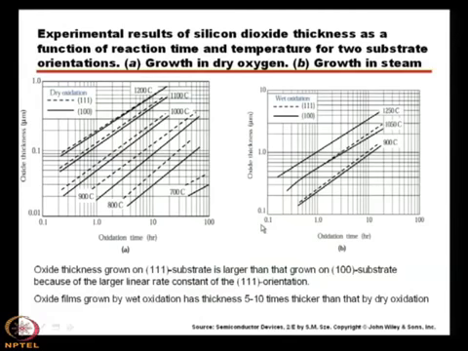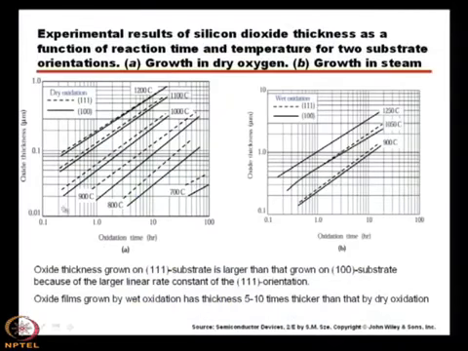Now, these are the experimental results of silicon dioxide thickness as a function of reaction time and temperature for two substrate orientations. Two substrate orientations means one is 111, another is 100, because we have seen that crystal orientation has a profound effect on the oxidation.